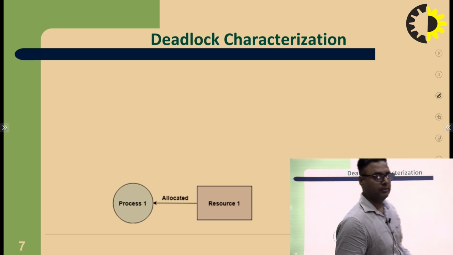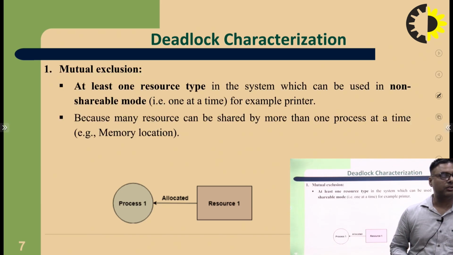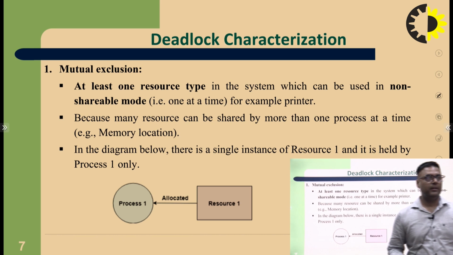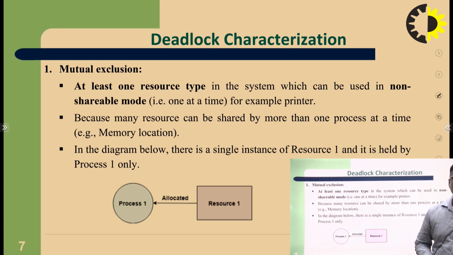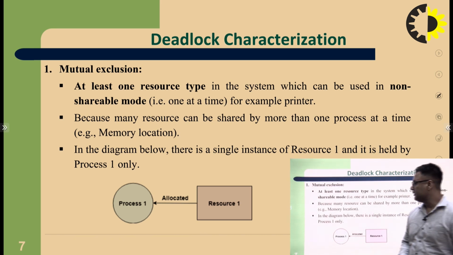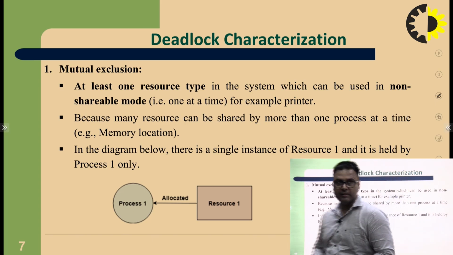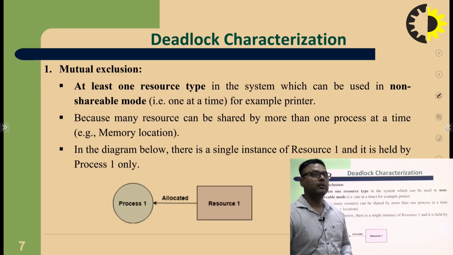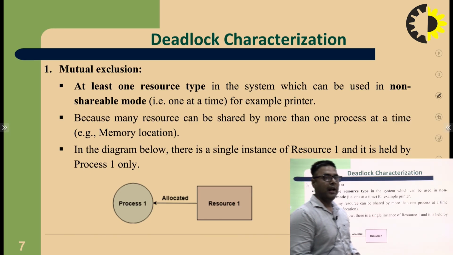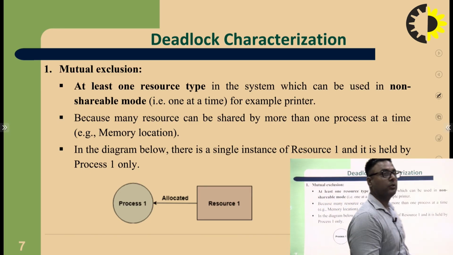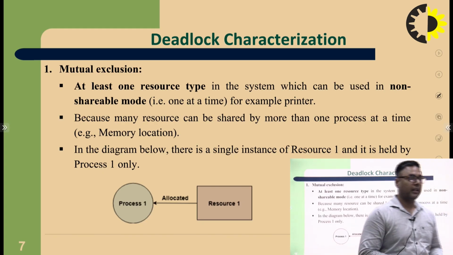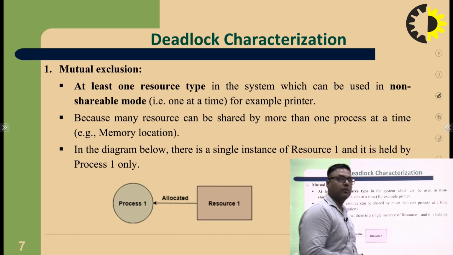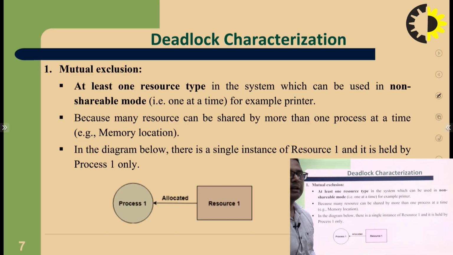Deadlock characterization. The first condition is mutual exclusion. Mutual exclusion means at a time one process executes, another process does not interfere, so only one process can access the resource at a time. An example is a printer.